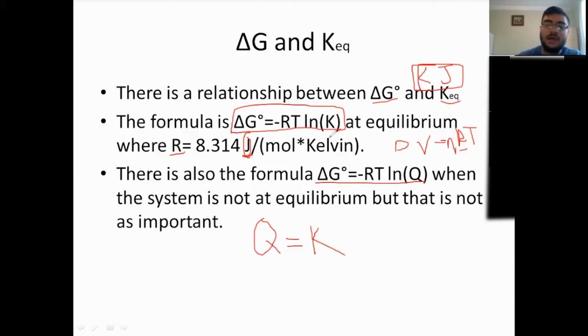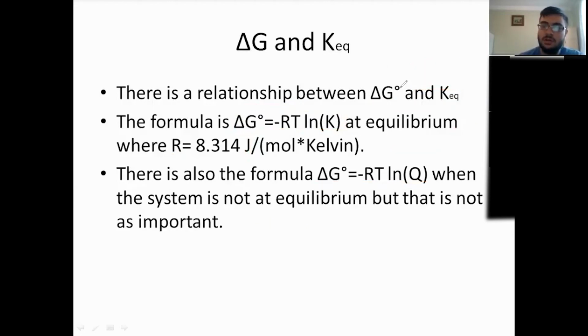You use Q when the reaction is not at equilibrium, but it means essentially the same thing as K. So it's negative RT ln K or Q, depending on whether or not it's at equilibrium. Does this make sense? I'll try to explain more at the end, especially what delta G standard is. Any questions so far?